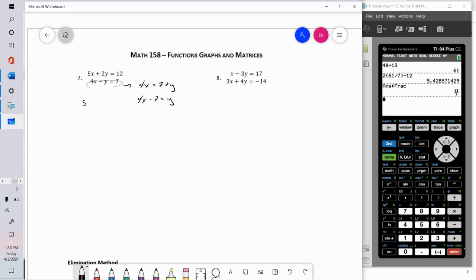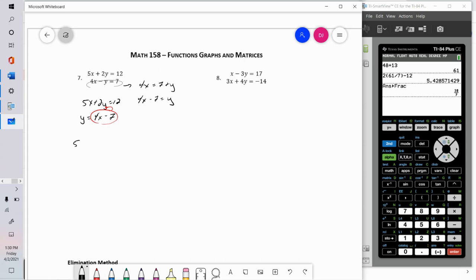So in this equation, I'm going to add y to both sides and then subtract 7 from both sides. So I have the equation 5x plus 2y equals 12, and the equation that y is equal to 4x minus 7. So what I can do is take that 4x minus 7 and substitute it in for the y.